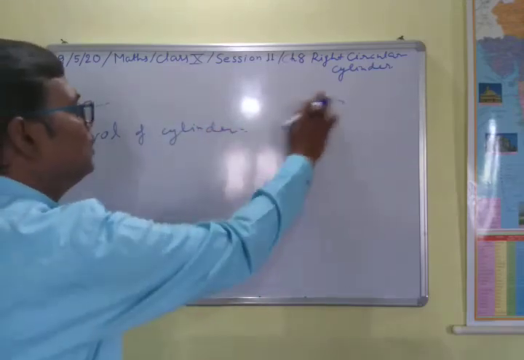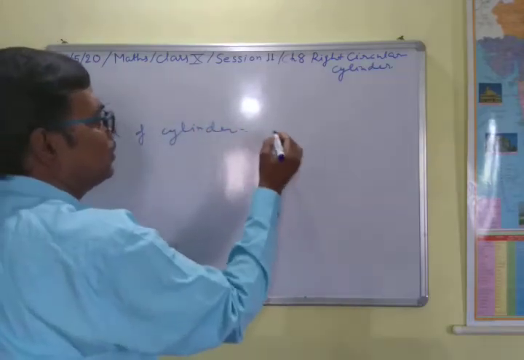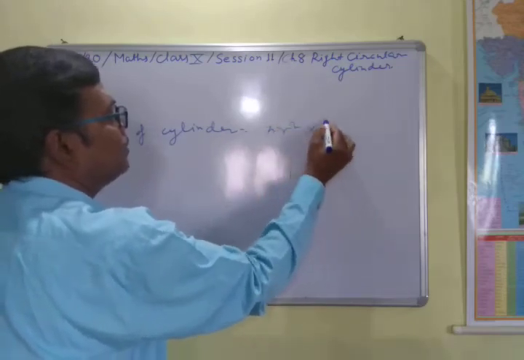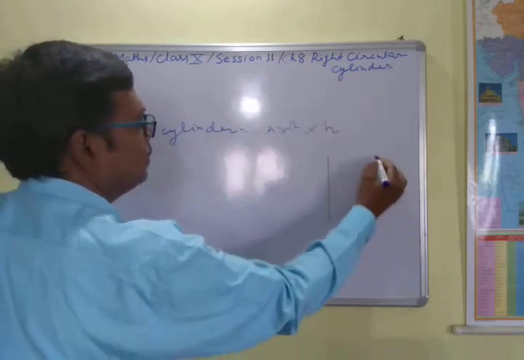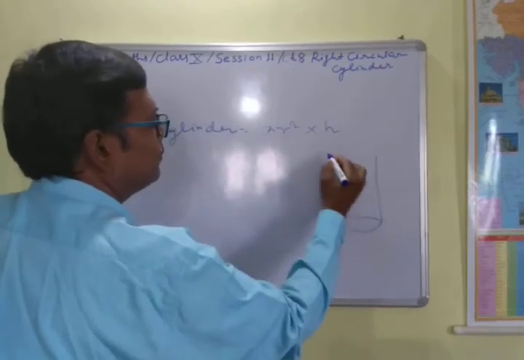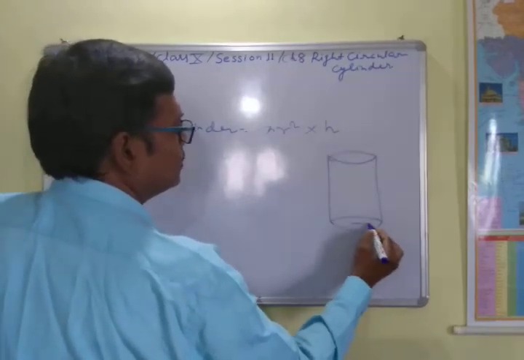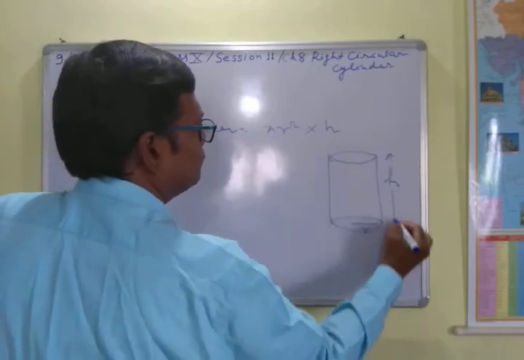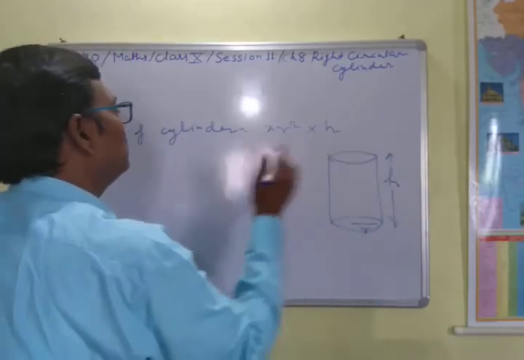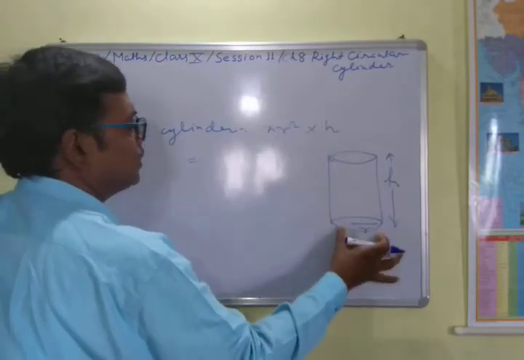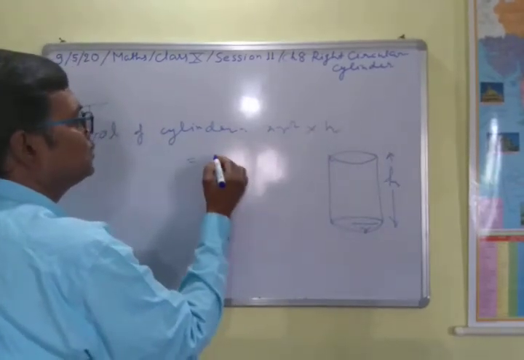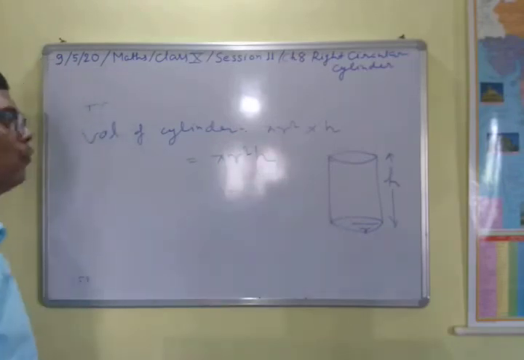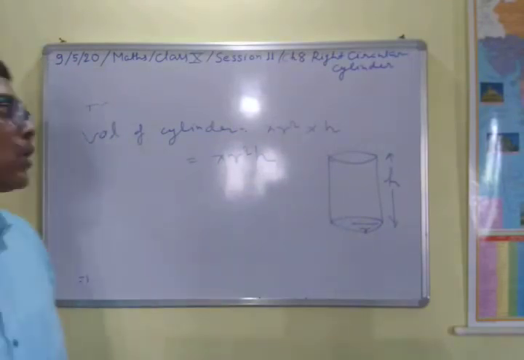In this case, the base area of a cylinder is πr², and the height is h. If you have this cylinder with this base radius r and the height h, then the volume will be base area into height, πr² into h, that is πr²h. So this is the volume of a right circular cylinder.